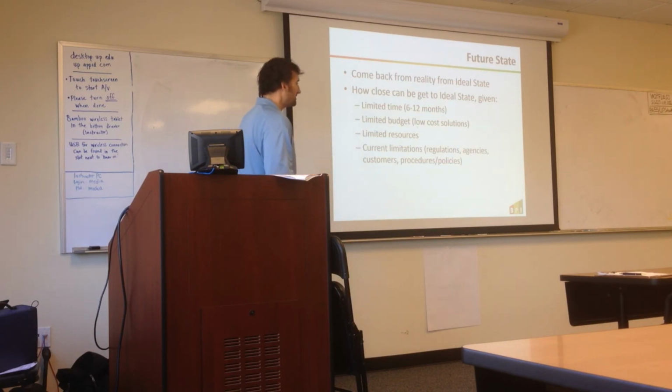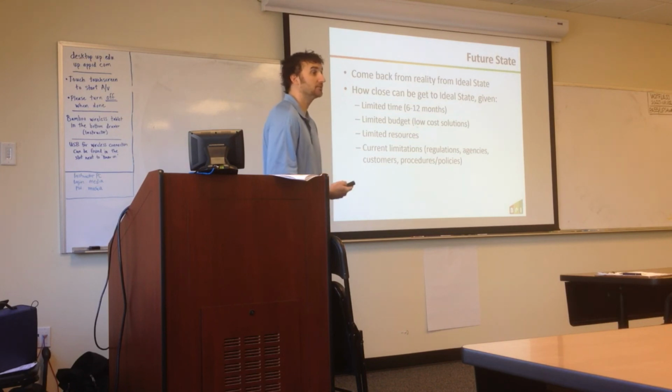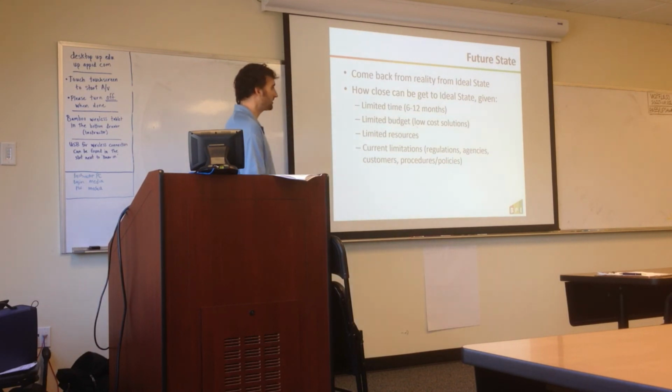And we have current limitations, so what can we do to work around those limitations? We can't change regulatory stuff. We're not going to influence the agency and get them to stop sending this form in. But what can we do to make that work less hectic for us in the short term? And we have to comply with our procedures and policies as an organization.